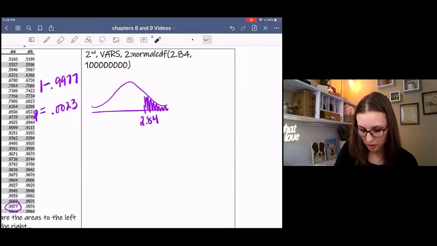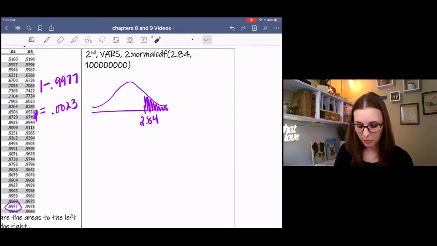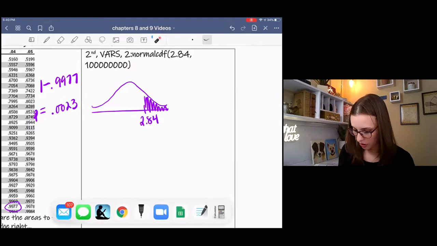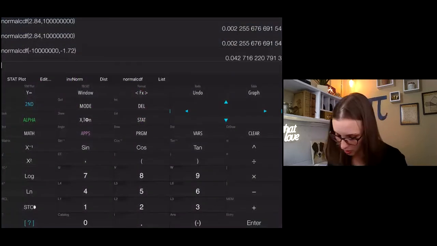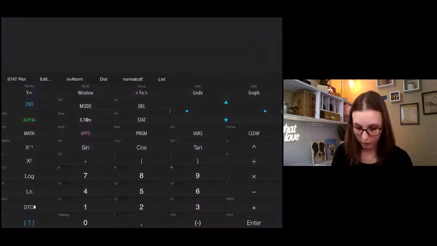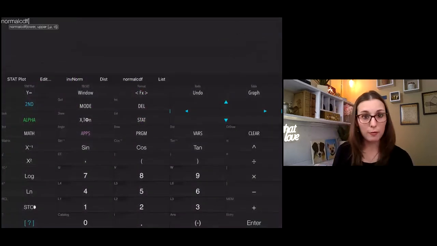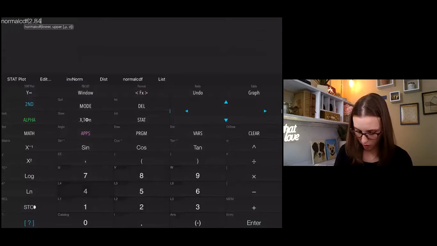This is standardized, so I did not have to put 0 and 1, but if you want to, you can. On the calculator, you'll go to second vars and go to normal CDF because we're looking for the area under the curve: 2.84, comma, infinity, which we'll just use a really big number.